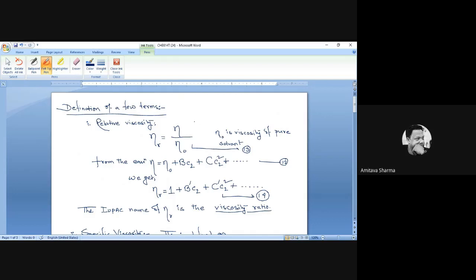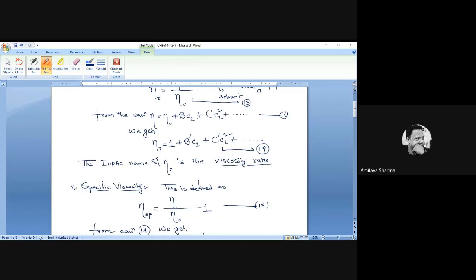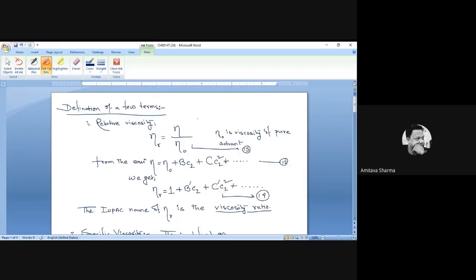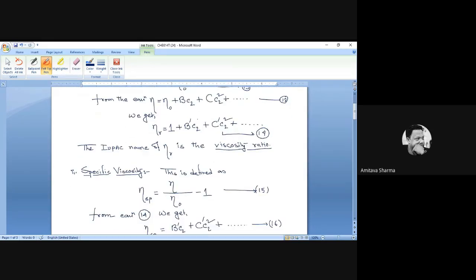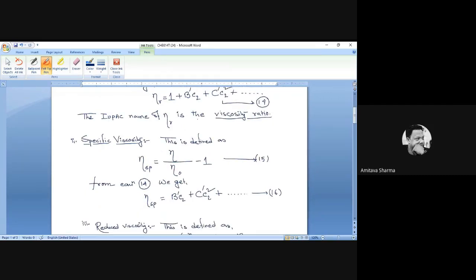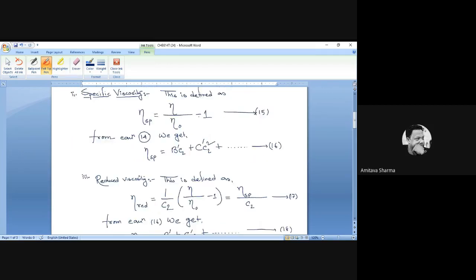So from equation 13, from equation 12, we can write that relative viscosity equals 1 plus b prime c2 and c prime c2 square. And relative viscosity is also known as viscosity ratio. Again, the specific viscosity is eta by eta 0 minus 1, and from equation 14 we get specific viscosity equals beta prime c2 plus c prime c2 square, that is equation 16.